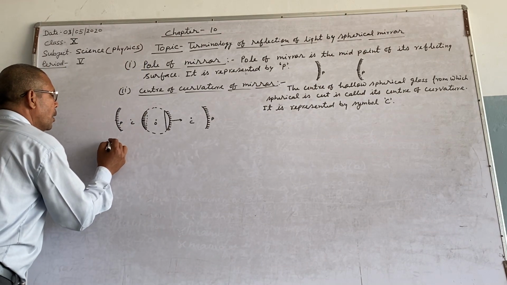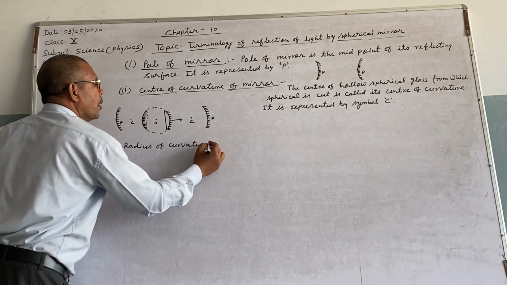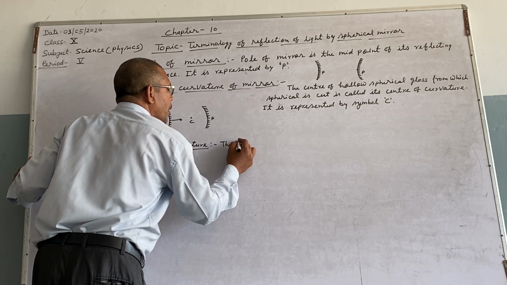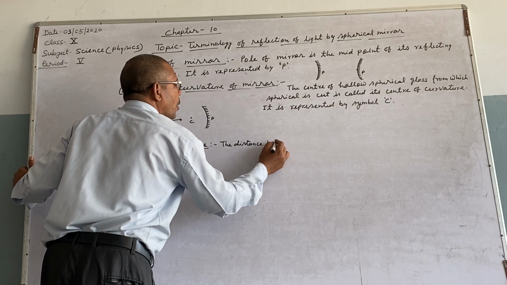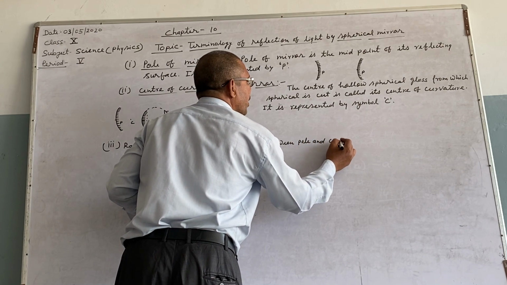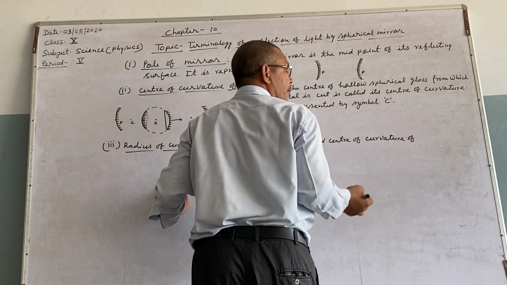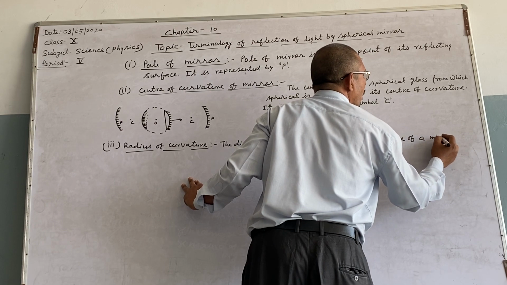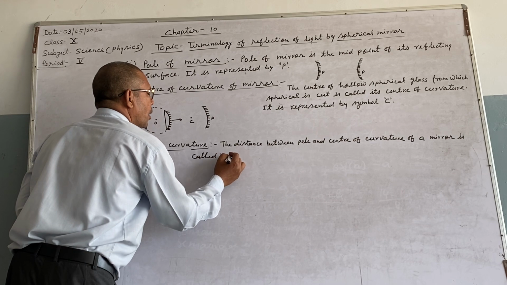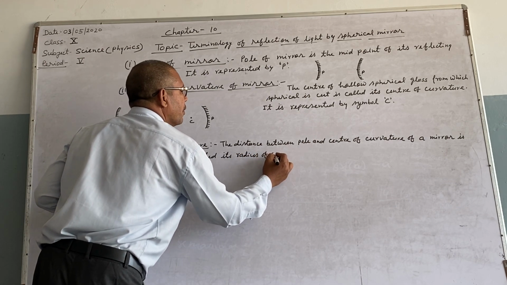Third point, radius of curvature. The distance between pole and center of curvature of a mirror is called its radius of curvature.